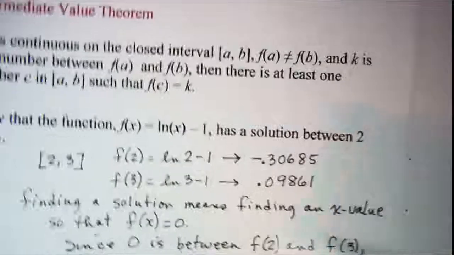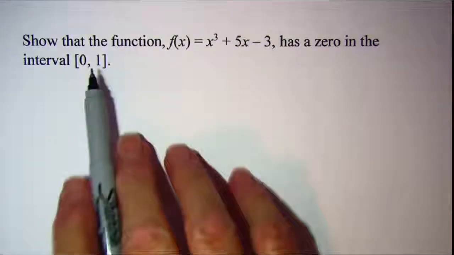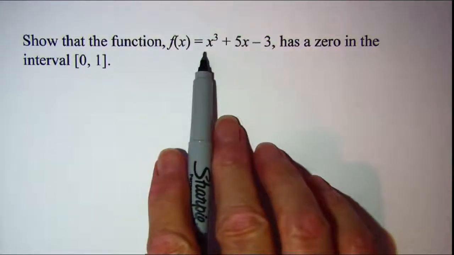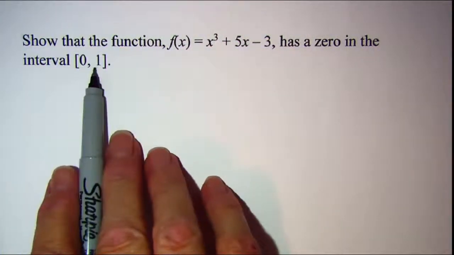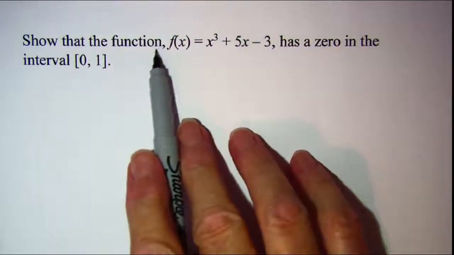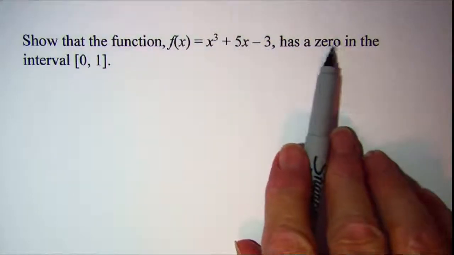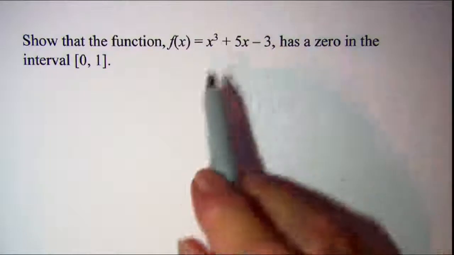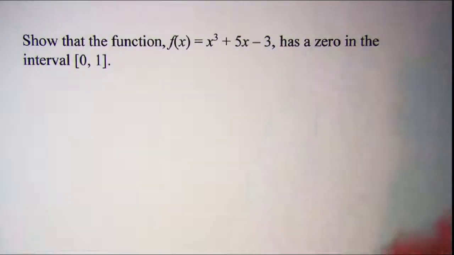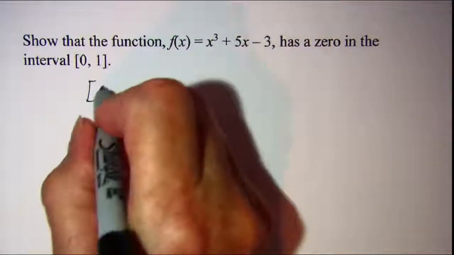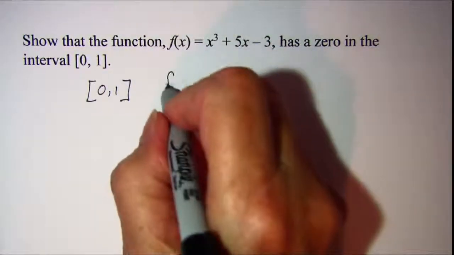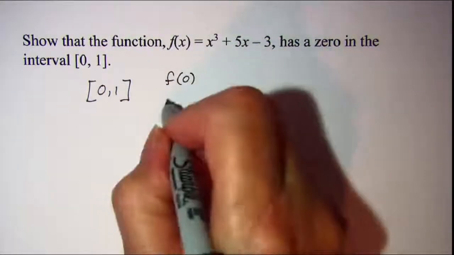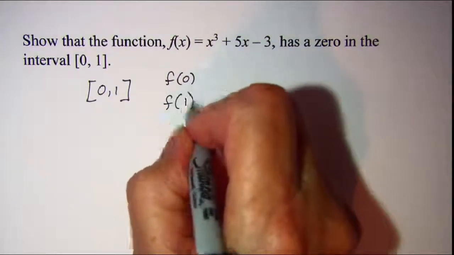Do another one. In this one, we're asked to show that the function f of x equals x cubed plus 5x minus 3 has a 0 in the interval from 0 to 1. Now if a function has a 0, that means it has a solution, or f of x equals 0. So our interval is from 0 to 1. So we want to find f of 0, and we want to find f of 1.